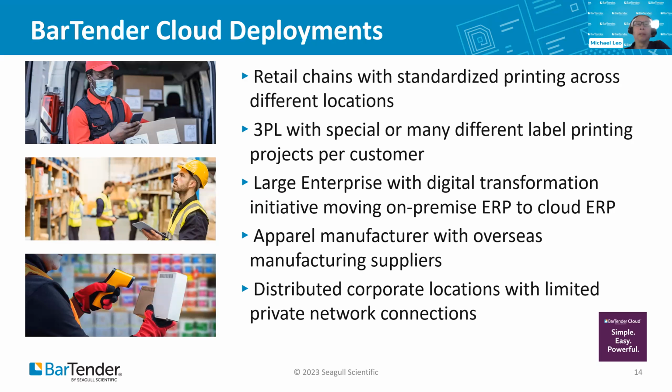So for the customer examples here, many of these companies are typically moving to the cloud because, as I mentioned, a lot of them have a digital transformation effort going on, like a company-wide initiative where they have limited IT resources, or they want to manage those IT resources and associated costs.